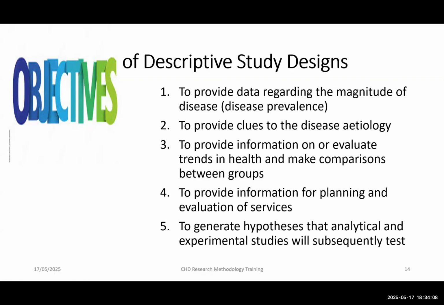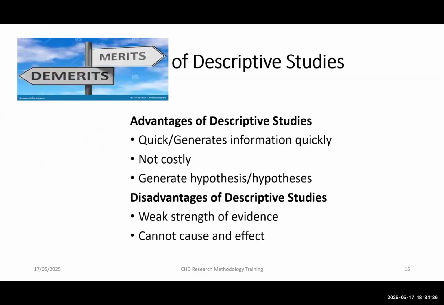Because of that, an analytical study might now want to take up that hypothesis that you have generated, and say, we want to find out whether age really has anything to do with diabetes, or whether sex has anything to do with it. So it generates a hypothesis, which an analytical study, depending on whichever one we choose to use, will now be used to subject to a test to see whether the hypothesis is true or not.